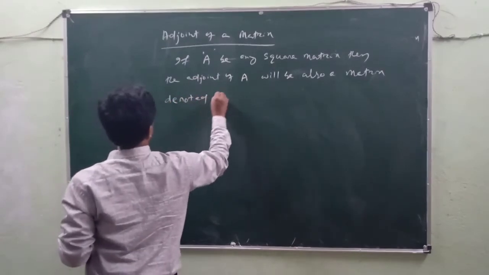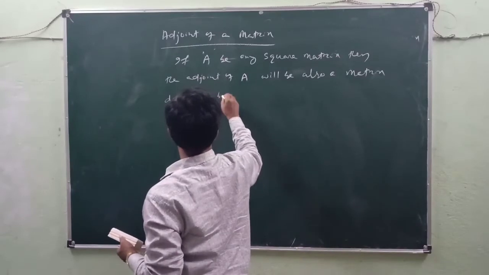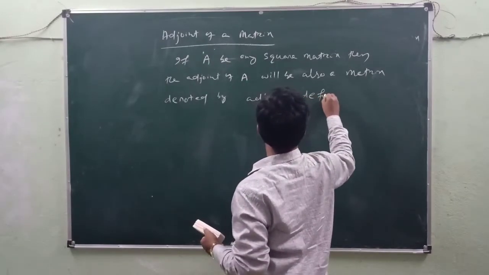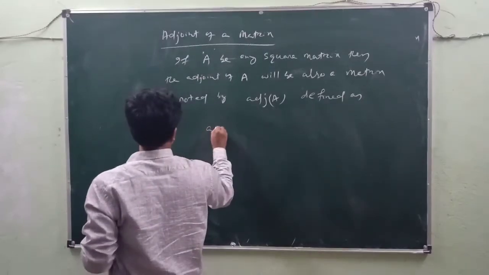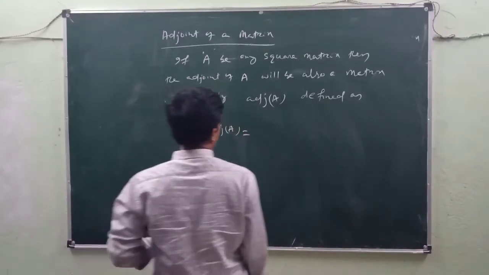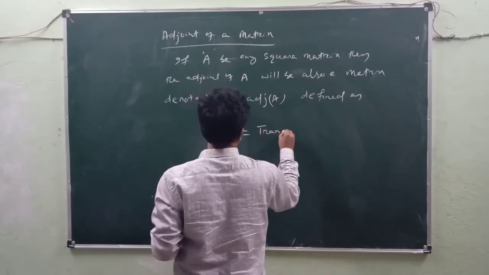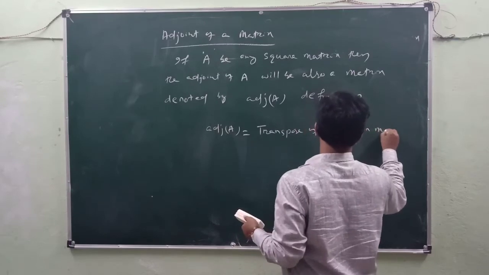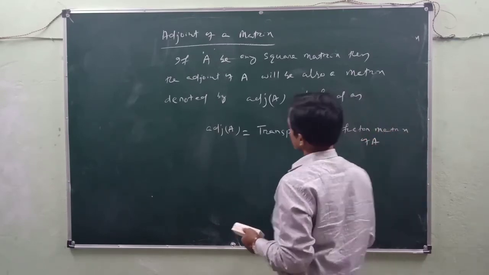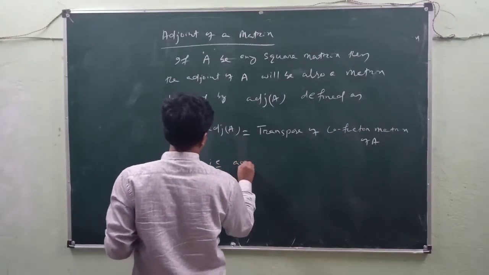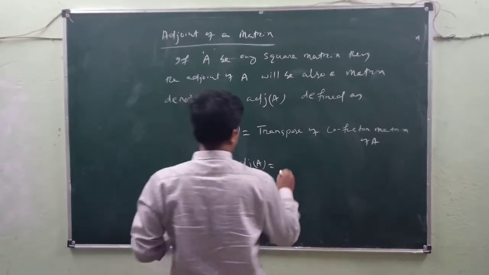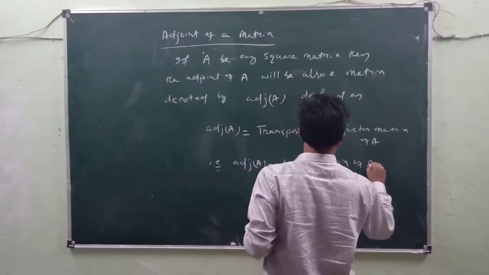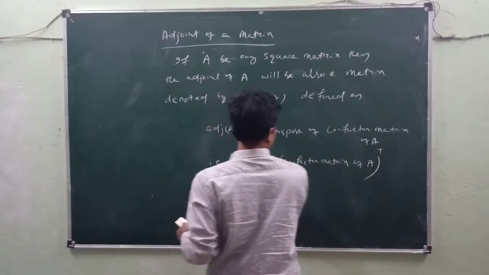Denoted by adjoint of A, defined as adjoint of A equal to the transpose of the cofactor matrix of A. Symbolically, adjoint of A equals the cofactor matrix of A transpose.